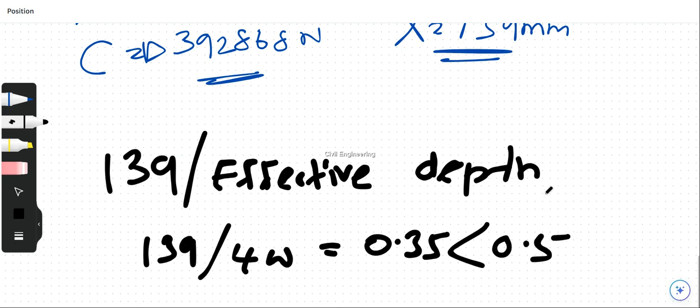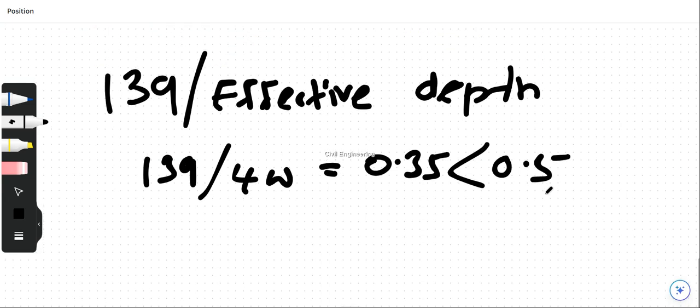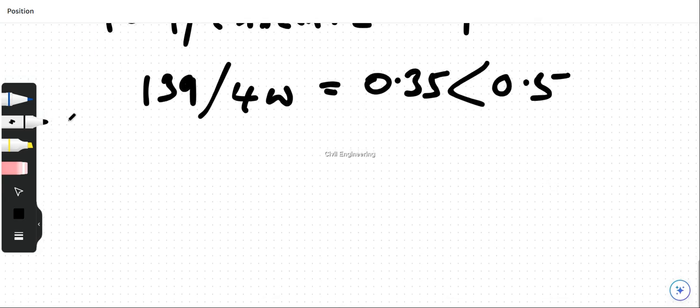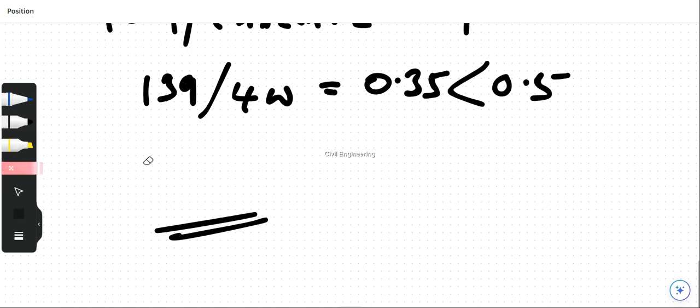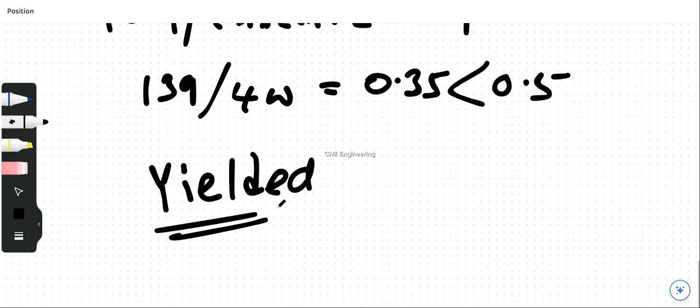It means our previous assumption about the yielded state is okay. It means the reinforcement is at the yield stage. They are yielded. So our assumption is correct.